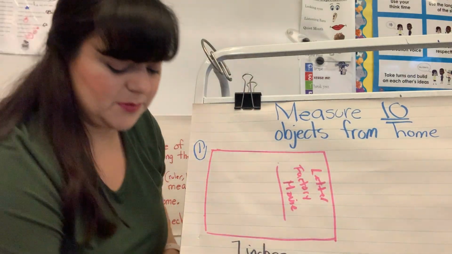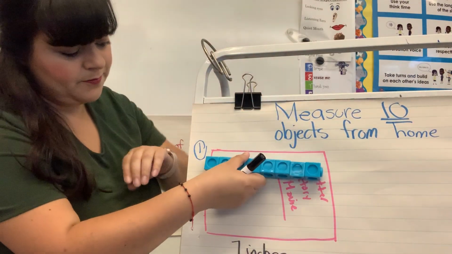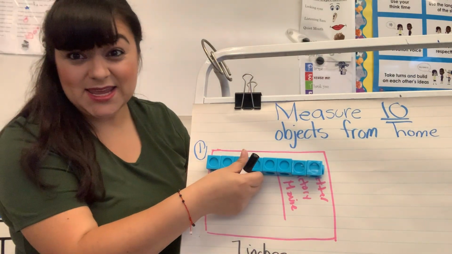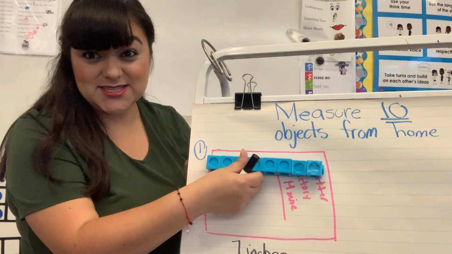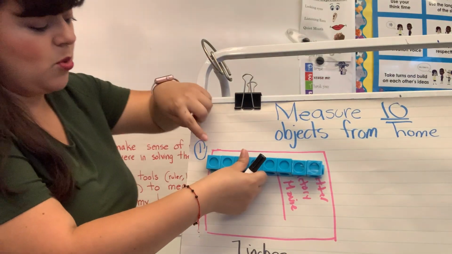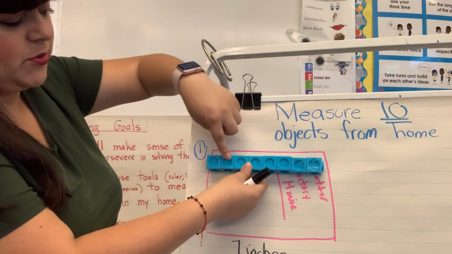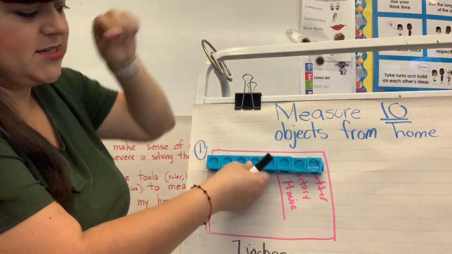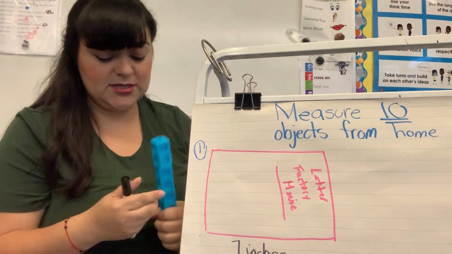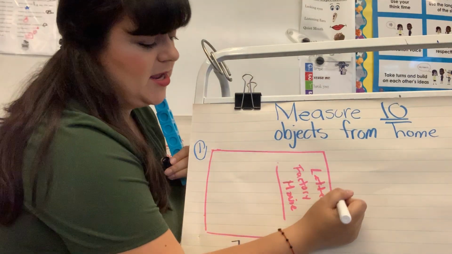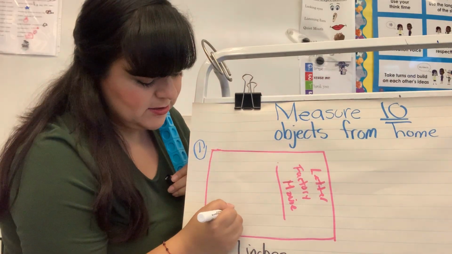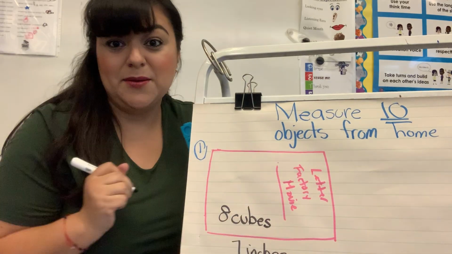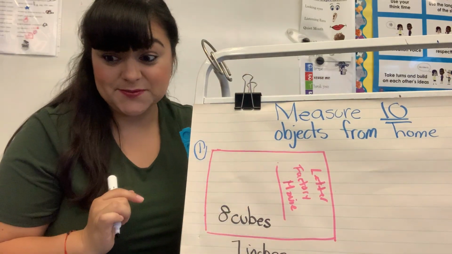So let me take some off. Oh, that's almost perfect. So let's count how many cubes this DVD measures. 1, 2, 3, 4, 5, 6, 7, 8. If I used cubes, I would write 8 cubes. It measures 8 cubes.